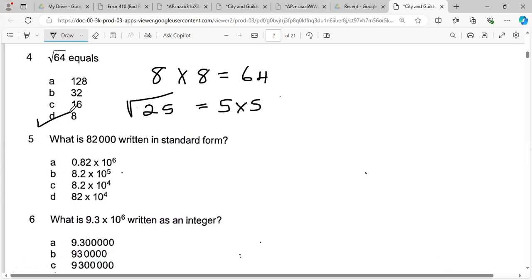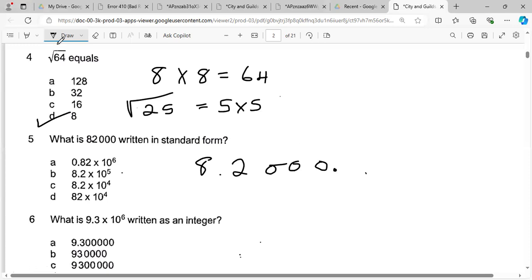The next one says, what is 82,000 written in standard form? Now, standard form means that the decimal point should be here. This has to be between 0 and 10. So we're going to move the decimal point and carry it to here. But where is the decimal point? In all numbers, if it's a whole number, the decimal point is located directly to the right.